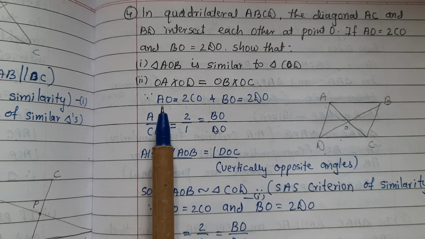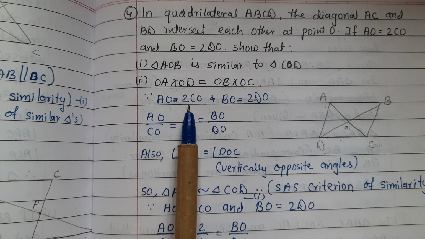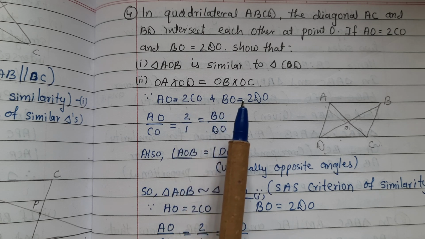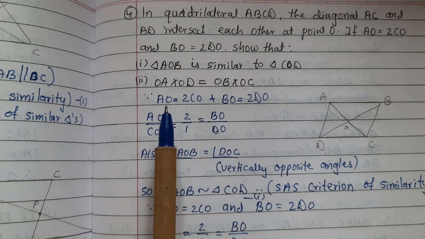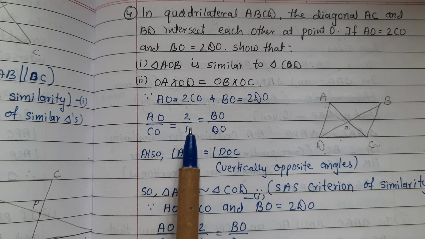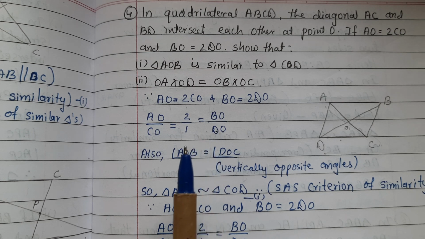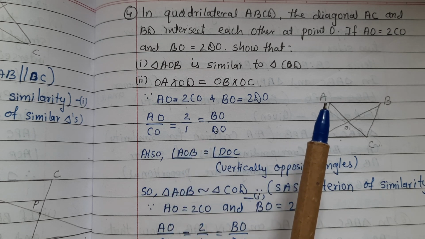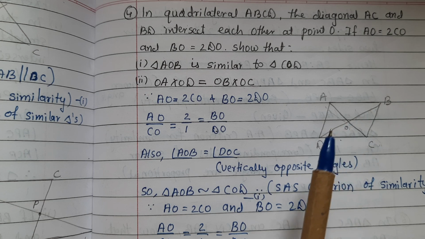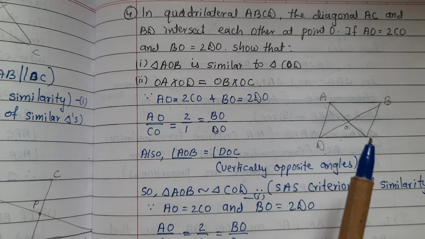Since AO is equal to 2CO and BO is equal to 2DO, AO upon CO is equal to 2 upon 1, equal to BO upon DO. Also, angle AOB is equal to angle DOC, vertically opposite angles.